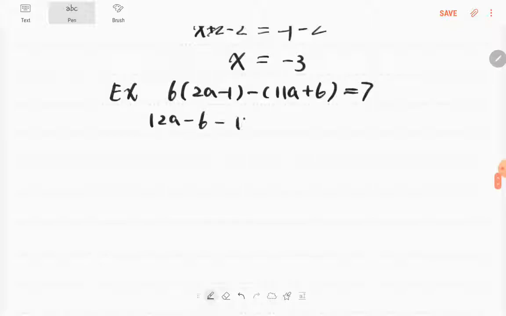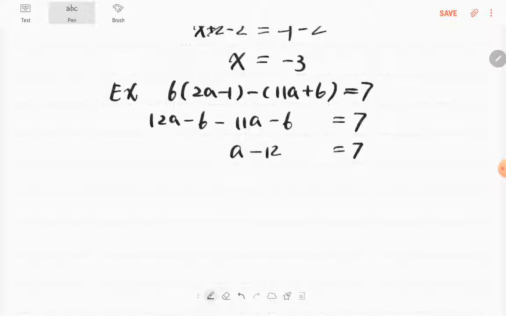For the second one, we will have this. Then for the left side, we can combine 12a and negative 11a. We will get 1a, so I just put a here. And combine minus 6, another minus 6, we will get minus 12.